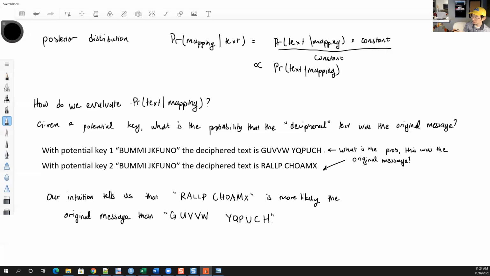Okay. So our intuition tells us that this message is more likely than this message, and therefore that means potential key 2 is more likely than potential key 1.